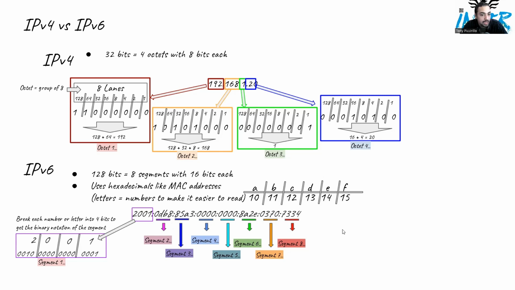Now we can shorten this IP version 6 address. But before we do that, let's look at this here. If we're breaking down this segment, notice how we're breaking it down into 4 mini segments, right? This helps us calculate the numbers.